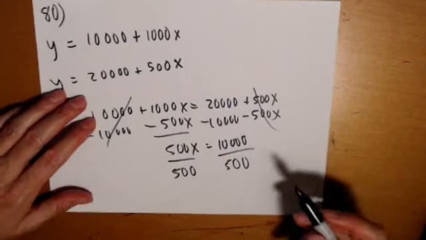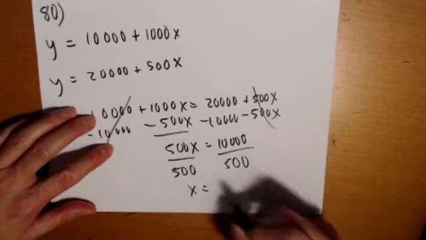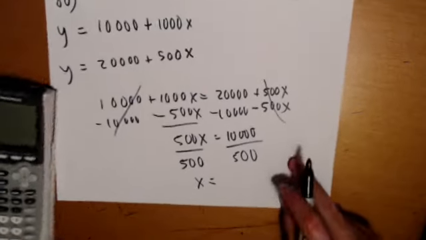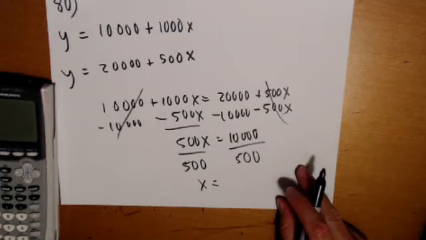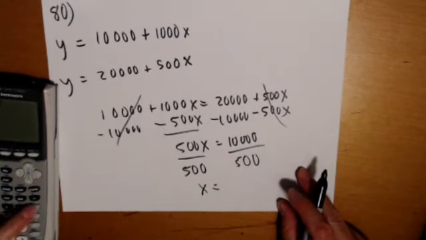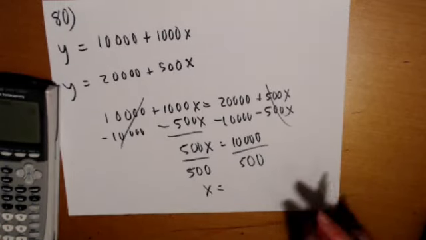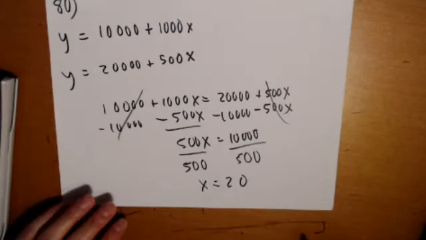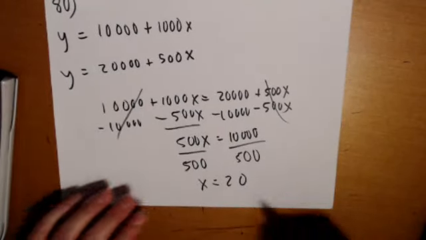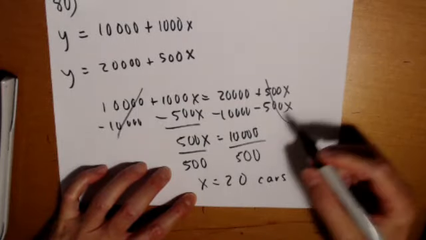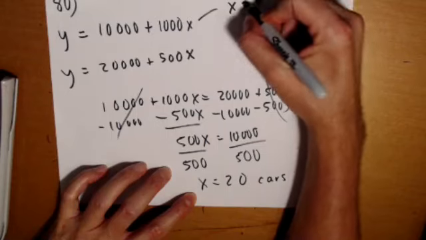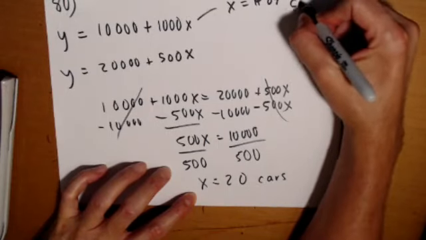Pen sort of dying. x is equal to 10,000 divided by 500, which I could probably do in my head, except it's late. 10,000 divided by 500 is equal to 20. I knew that. 20. So how many cars would need to be sold? 20 cars, right? I should have said x is equal to the number of cars sold.